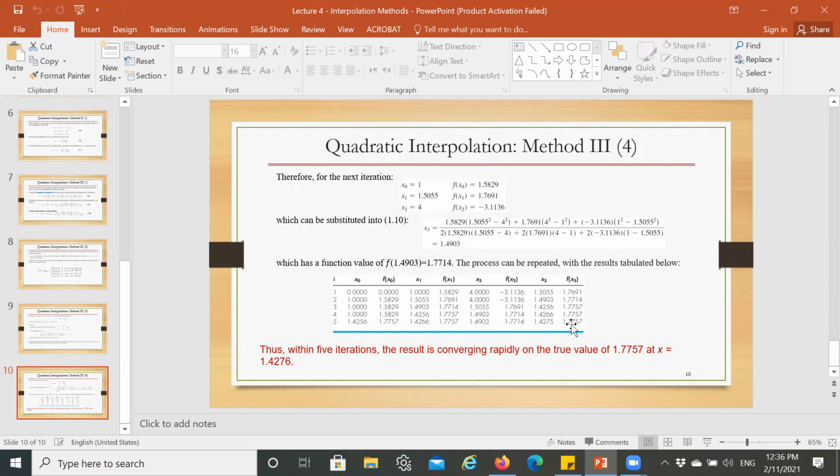And therefore, our new point is also very close to the previous point. So when I compare f of x3 to f of x1 and f of x0, I see that they are almost the same. So that means I get to the true value, which is equal to 1.755. So x value would be equal to 1276, this guy. Okay, is it clear?